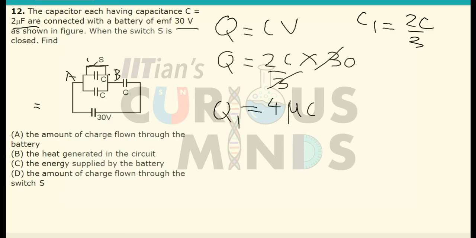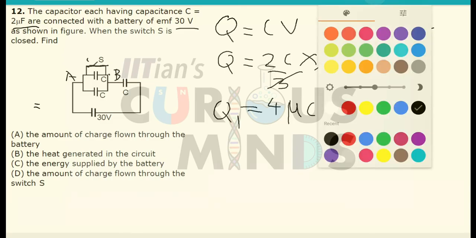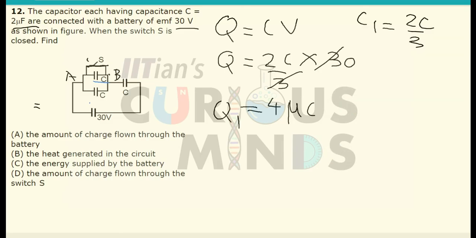Applying V is equal to IR, it will be equal to 0. So the potential difference across this capacitance C and this capacitance C will also be equal to 0.